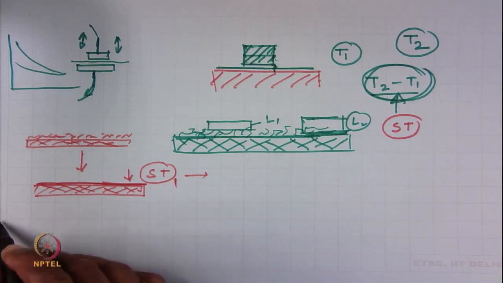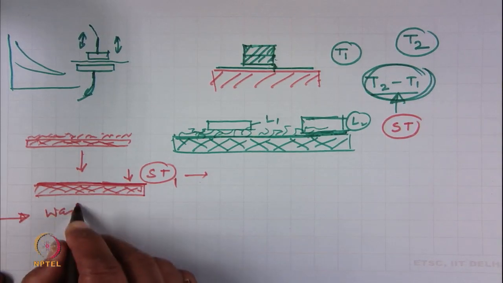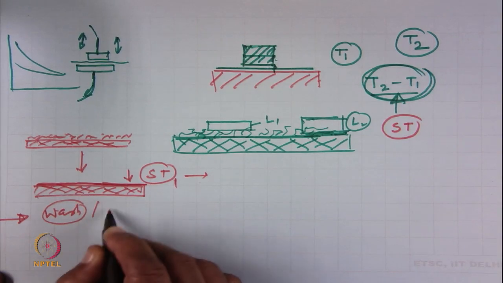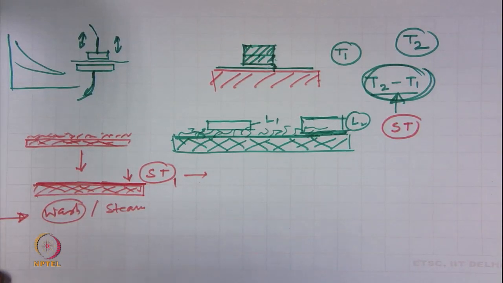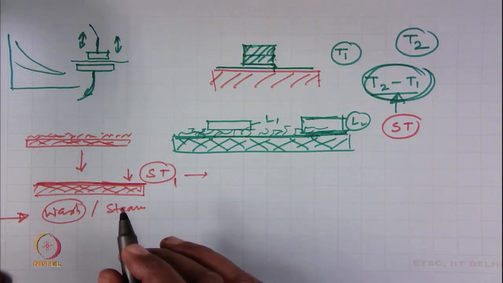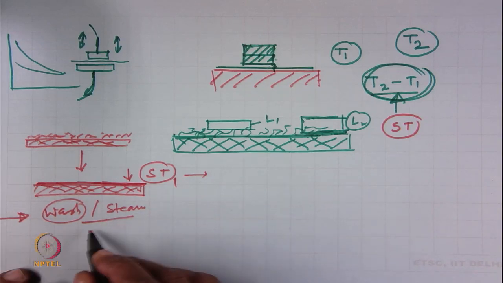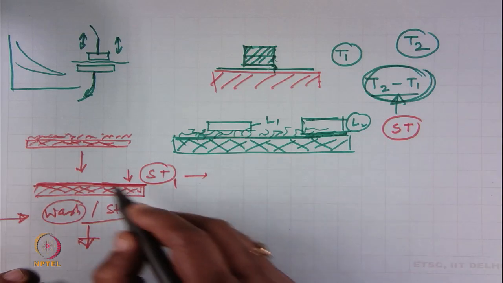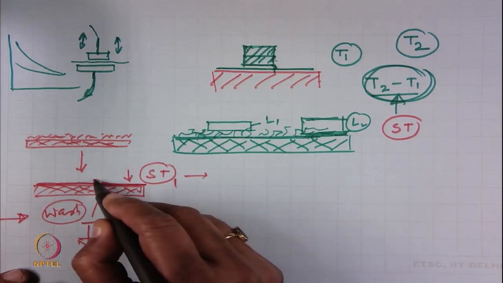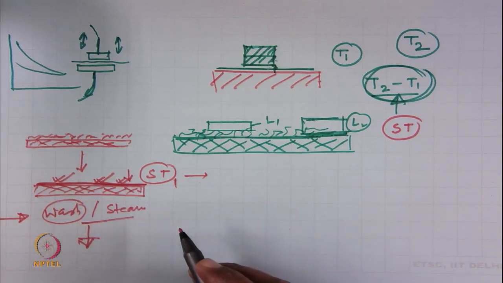After that, we wash the fabric, or give a steam treatment, which simulates the actual wear condition. Suppose the finish which we have applied, the coating finish, is permanent, not washing out.